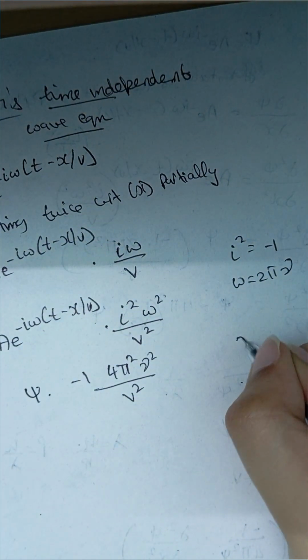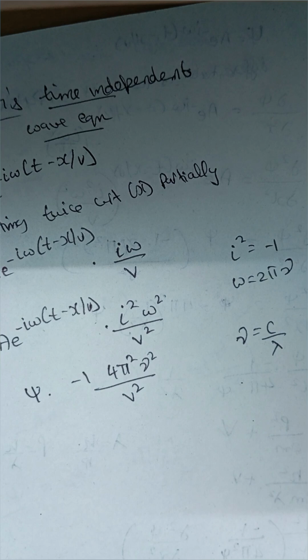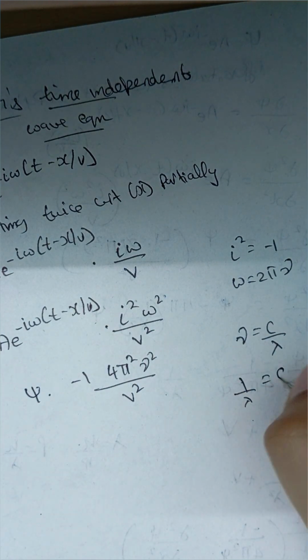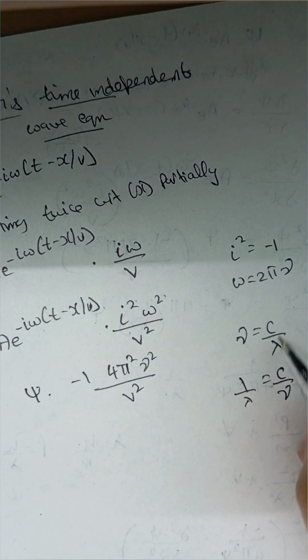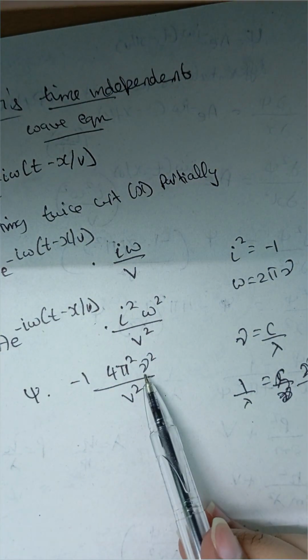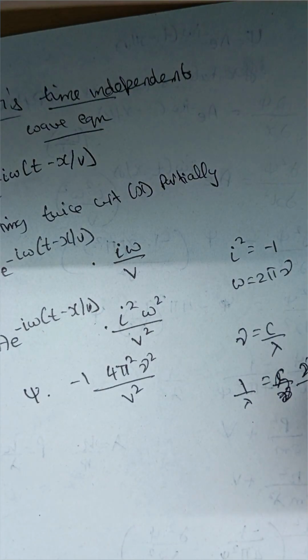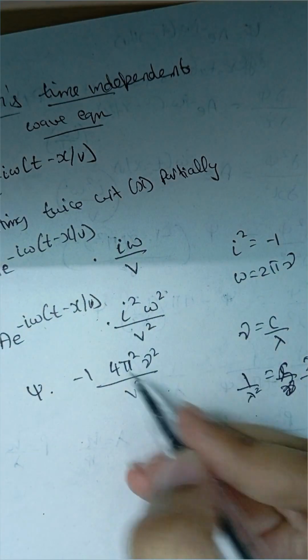Once this is done, we also have to know that nu equals c by lambda. So 1 by lambda equals nu by c, and so nu square by c square equals 1 by lambda square. Let's replace that.